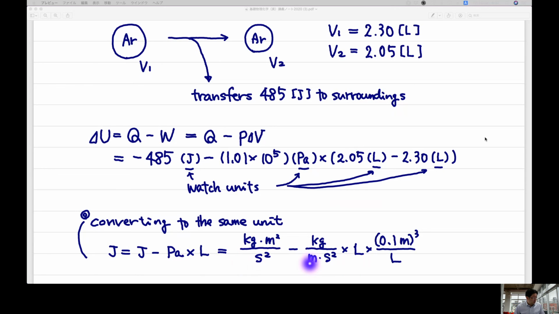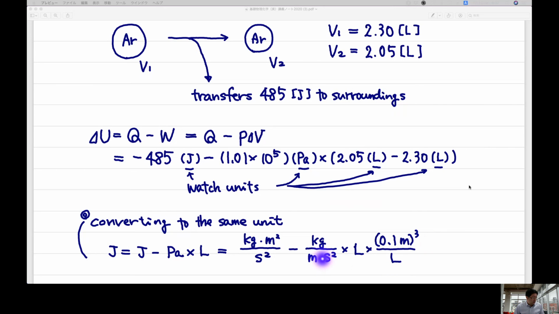Pascal is this one, so you can remove the liter from the units. And here you can see cubic meter, and here is meter.